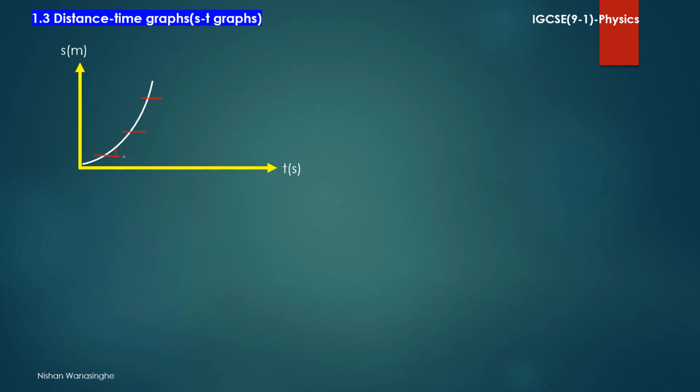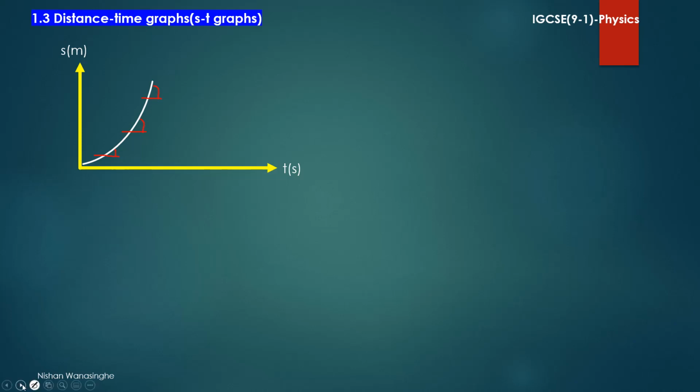You can see the graph makes an acute angle with the horizontal lines. That means the graph has a positive gradient. What happened to the gradient? You can see the angle of these lines increases. The angle increases when you go up. That means the gradient of the graph is increasing. So this is a positive gradient, and it is an increasing gradient.